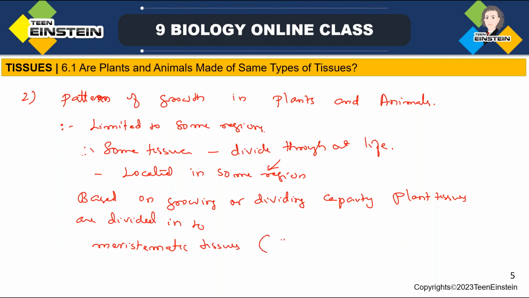Meristematic means growing or dividing tissue, then permanent tissue.